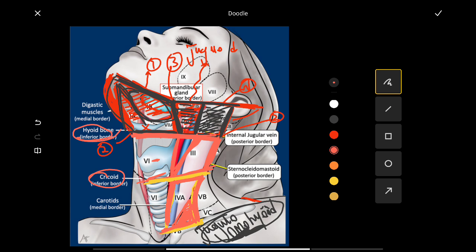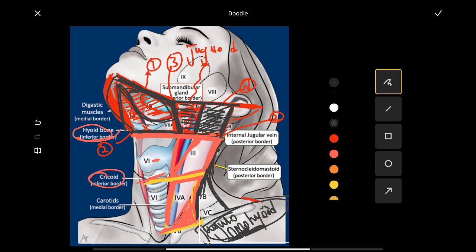So what are the boundaries of the posterior triangle? Anteriorly, sternocleidomastoid. Let's use a different color here. Sternocleidomastoid, posterior border, along with the lateral edge of the anterior scalenus. Posteriorly is the trapezius, right? The anterior border of the trapezius muscle. So you've got your posterior triangle.